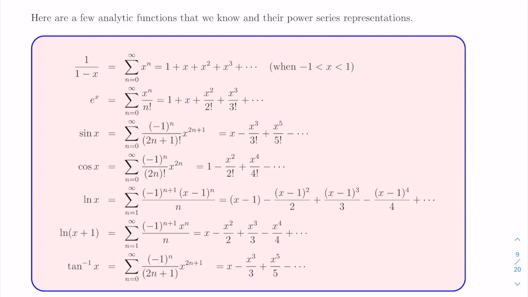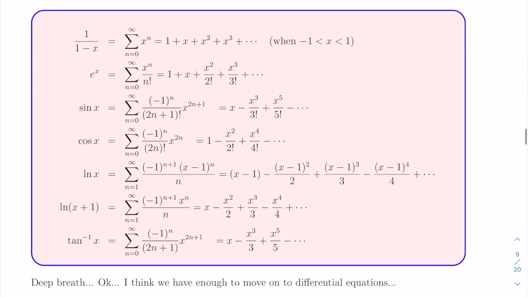These are like the even and odd terms of e to the x, where there are some minus sign issues. And if you play around with e to the ix and i sine and cos, that works. That's kind of fun to do. Then there's one for ln x and ln (x plus 1), and for arctan. Arctan is kind of a cool one. 1 over 1 minus x is neat. It's just the geometric series there.